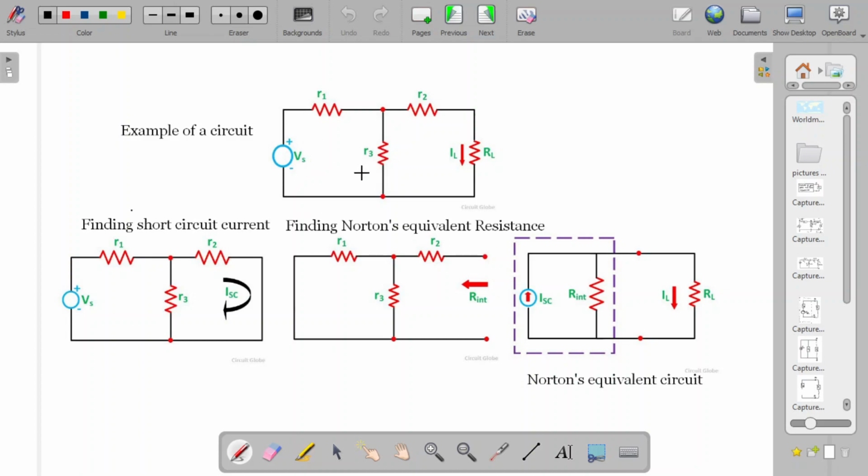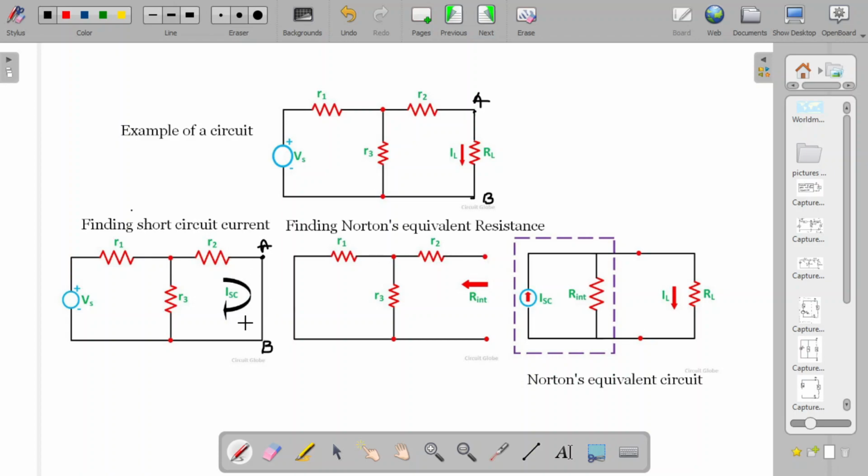You know that first we have to find the short circuit current. When AB is short circuited, whatever current is flowing through that is the short circuit current. So for that the load is removed. You can see here the load is removed and the current will be flowing easily through AB because there is no resistance there.